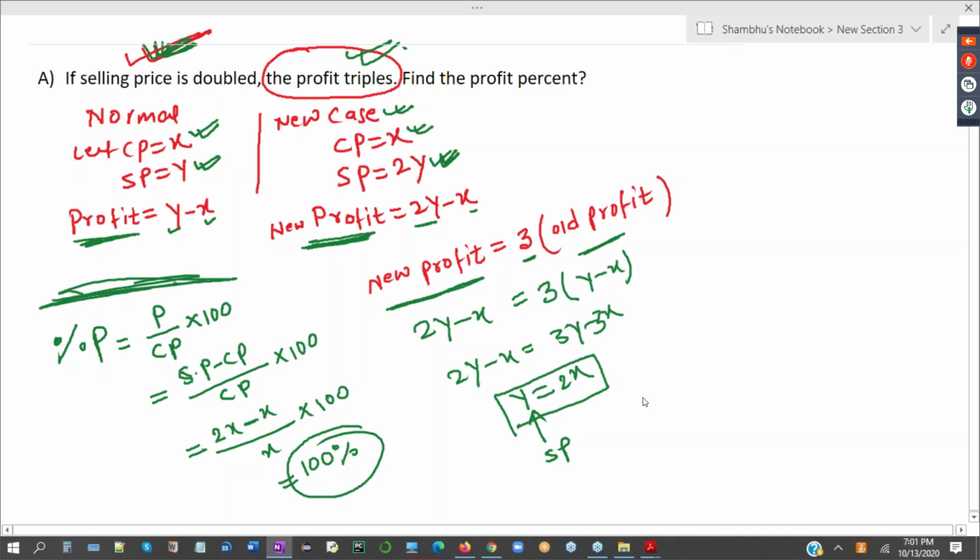So here I calculated profit percent. Profit percent is profit by CP into 100. Profit is selling price minus cost price. Here I calculated selling price. Selling price is 2x, 2x minus cost price x, so 2x minus x by x into 100. Answer is 100%.